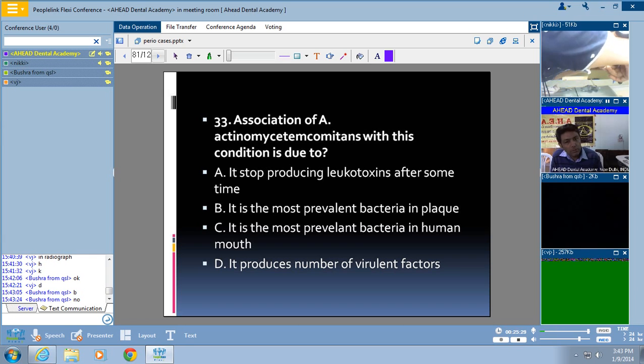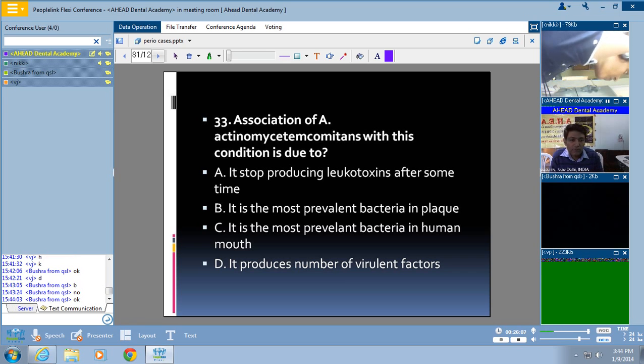Normally, when we talk about plaque composition, the main bacteria associated with initial plaque are the aerobic rods and cocci. Then later on, the shift is to the anaerobic bacteria, but the anaerobic ones never form the majority of the plaque component. It is the aerobic cocci and rods which form the mass, and the topmost layers have the anaerobic association with them. So option B is ruled out.